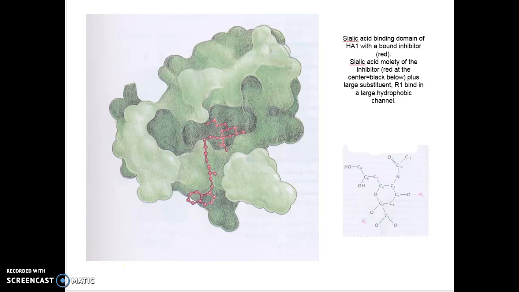Okay, but the mutant still keeps the residues in this hydrophobic binding site, because this region is very important in recognizing the receptor of host cells for infection.